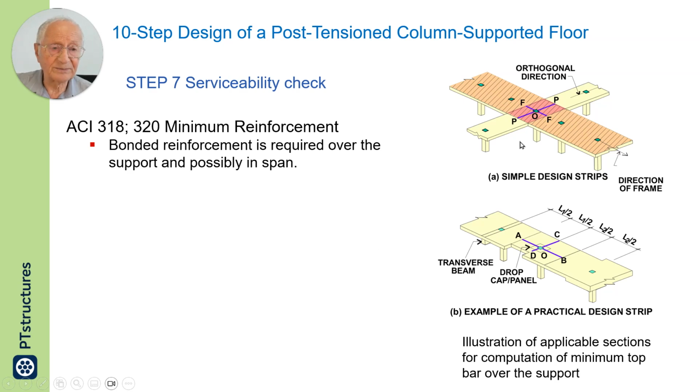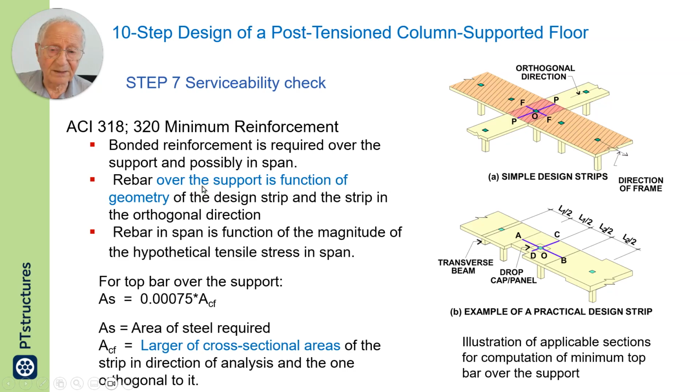First, on the top of the support, you have to have minimum bonded reinforcement. Bonded reinforcement is required over the support and possibly in span. Over the support, bonded is required irrespective of whether you use unbonded or bonded tendons.